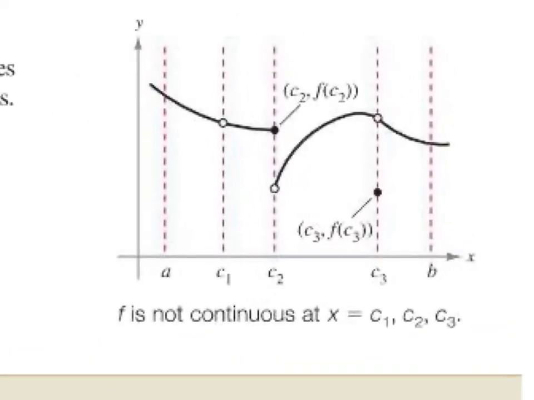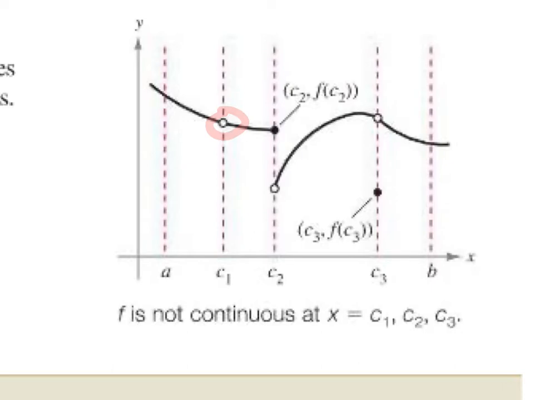The first thing that you notice is there's an open circle where f of x should be defined, or f of c1 would be defined. That open circle means the function's not defined. So we can't plug in the number there because the function's not defined there. So the first thing that you need to have is you need to have the function be defined at that point.